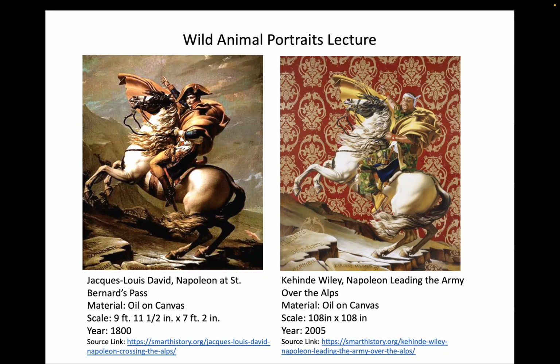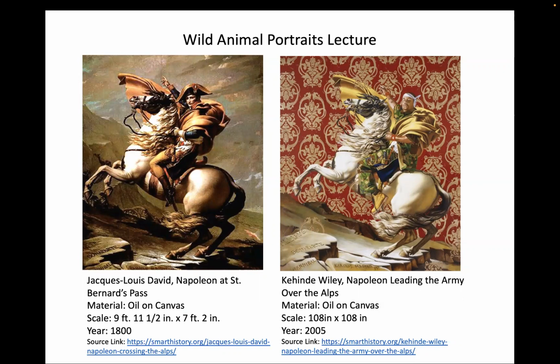Jacques-Louis David's painting of Napoleon, compared and juxtaposed to Kehinde Wiley's painting of Napoleon leading the army over the Alps, right, is a really interesting play between the power of the white male figure in relationship to the black male figure.